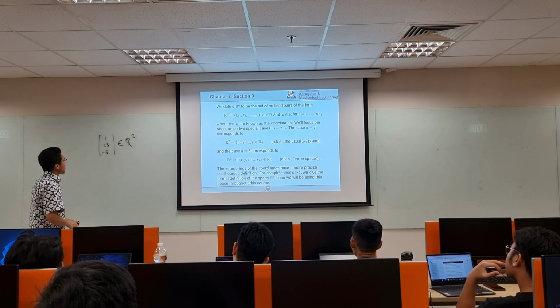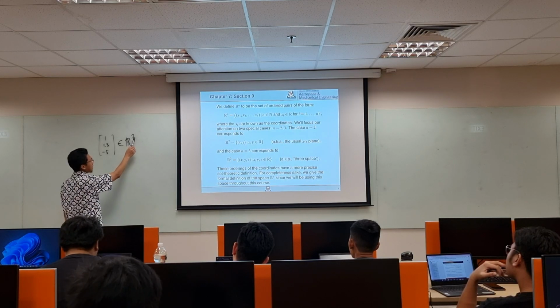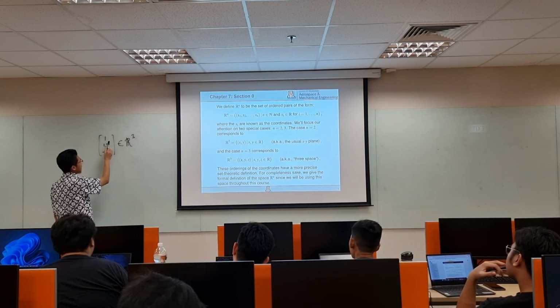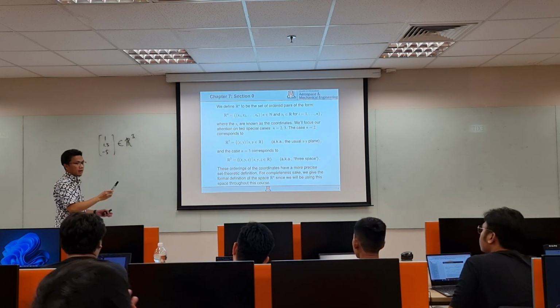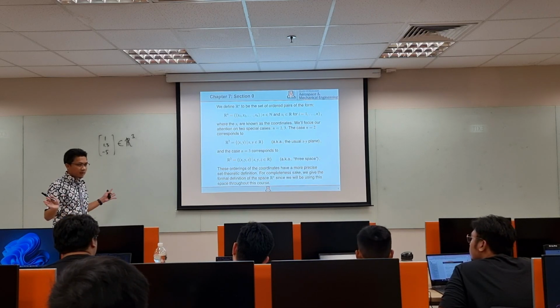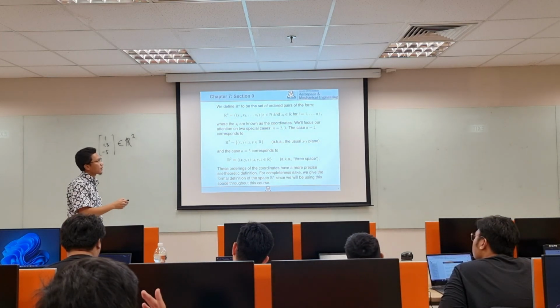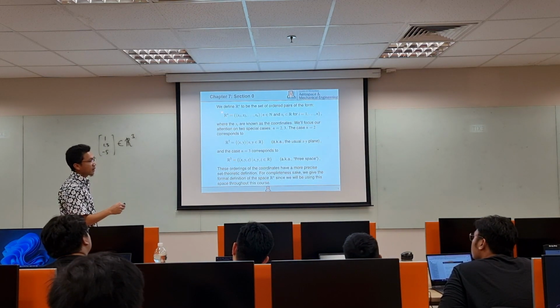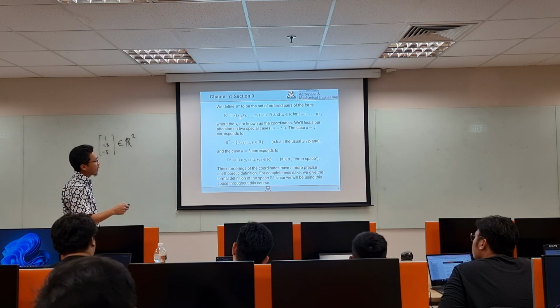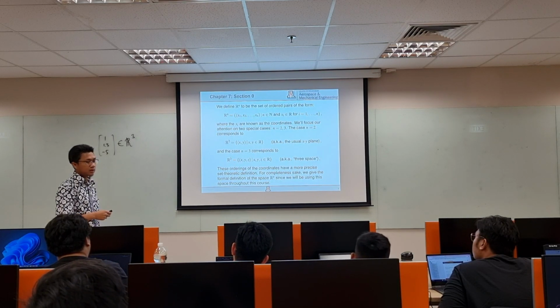Basically if we are in R3, the first element, the second element, the third element, you can choose any number that is real number. Which is why if we say in Rn, then we have n elements.